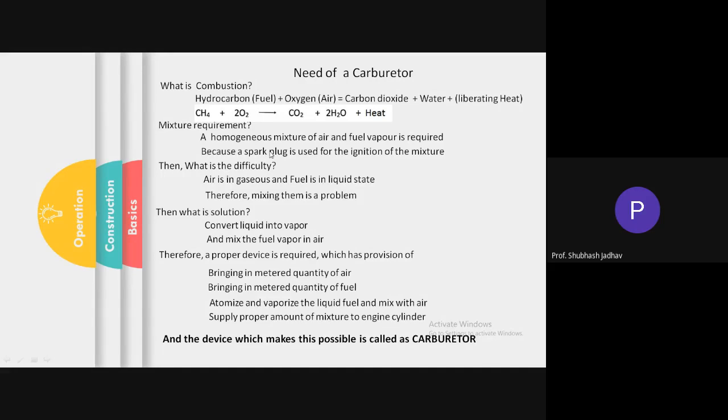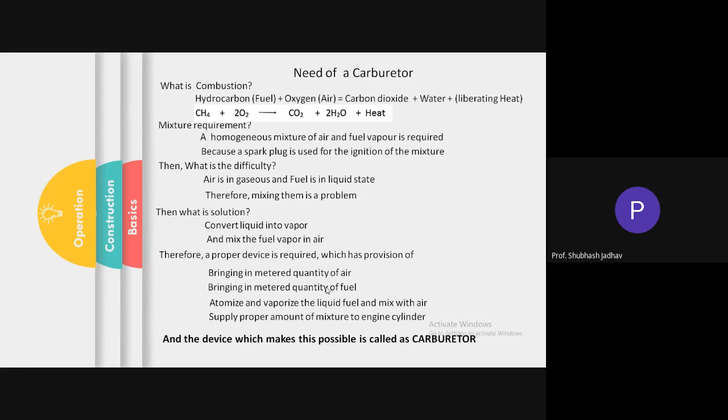And the difficulty in this process is that air is in gaseous form, and the fuel is in liquid form. Therefore, we cannot mix them. And the solution we have devised is to convert the liquid into vapor and then mix it. But before doing so, we have to ensure that the quantity of air and the quantity of fuel are metered properly, because we want to ensure a proper air fuel ratio.